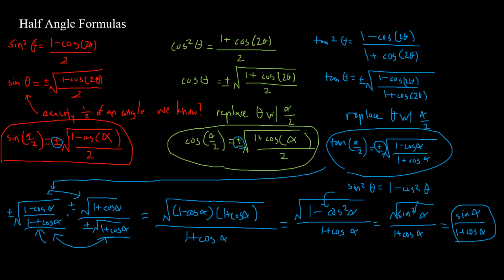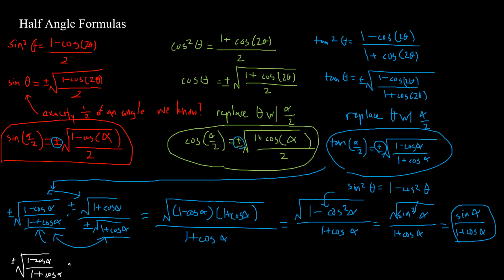And you can also do this another way. Instead of multiplying by the conjugate, I'll do this in another color. Instead of multiplying 1 minus cosine alpha over 1 plus cosine alpha, instead of multiplying by the conjugate of the denominator, let's multiply by the conjugate of the numerator.